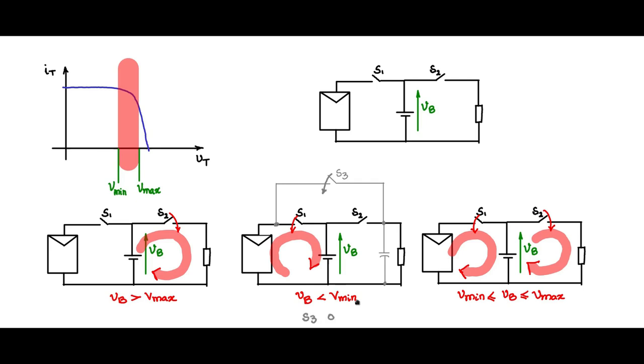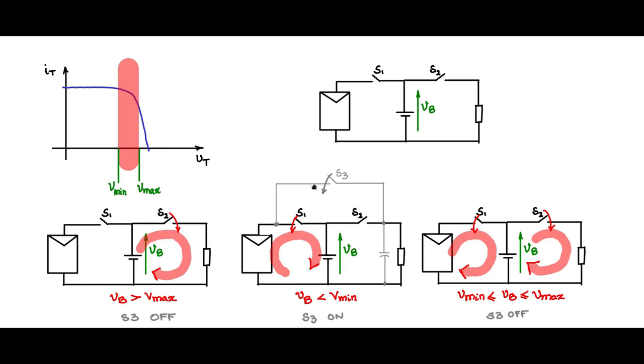During this condition S1 doesn't come into the picture, so obviously S1 is off in this condition. So this is a modification that one can do during the time when the battery voltage is less than Vmin. Then there can be some amount of power flow going into the load through the switch S3, provided S1 is a unidirectional switch.